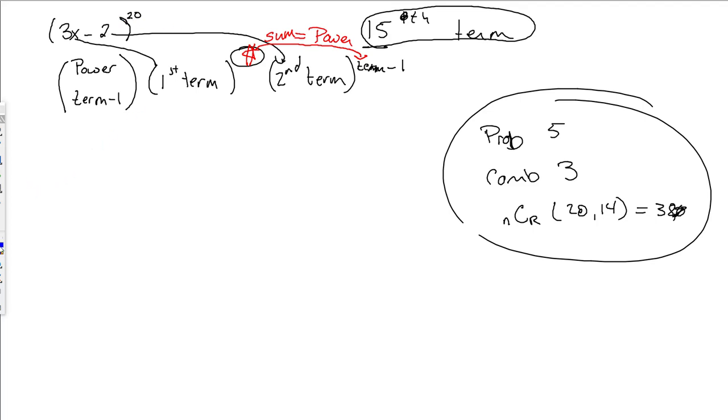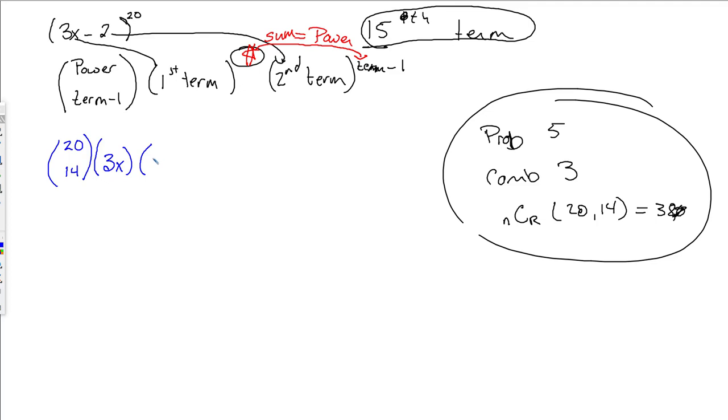So let's look at this one specific one that we're looking at. My power is 20. I'm looking for the 15th term, so I write 14 down here. The first term of the binomial is 3x. I'm holding off on writing the exponent just yet.